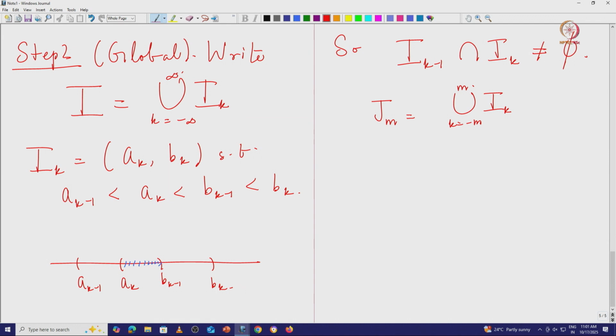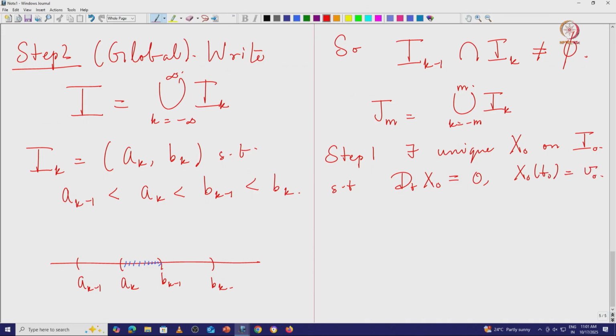So now by step 1, there exists a unique, let me call it x naught, defined on the interval I naught, such that the covariant derivative of x naught along gamma is 0 and x naught satisfies the original initial condition.